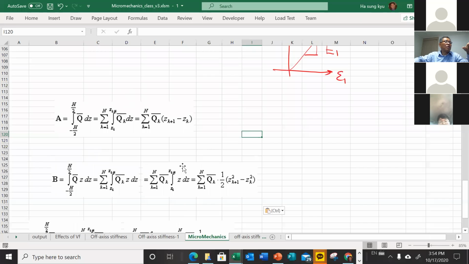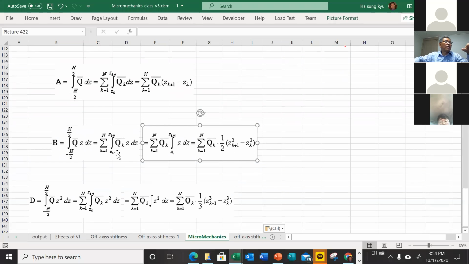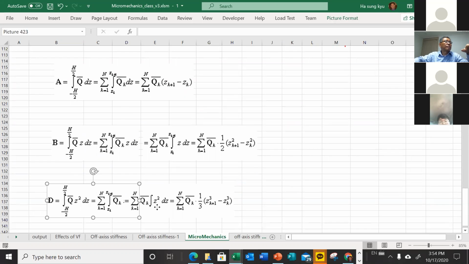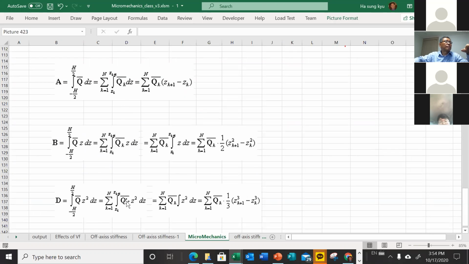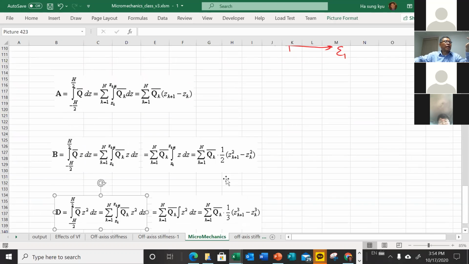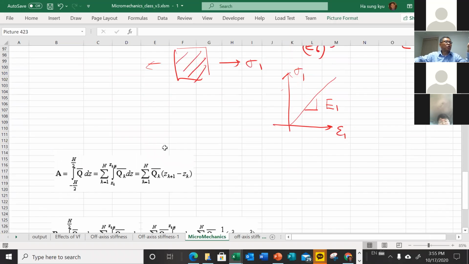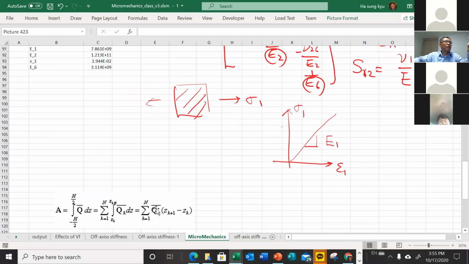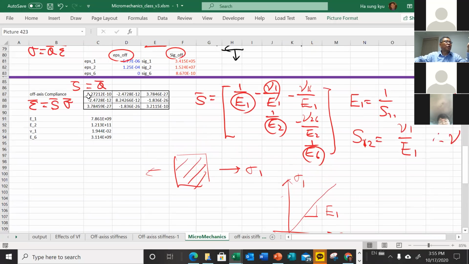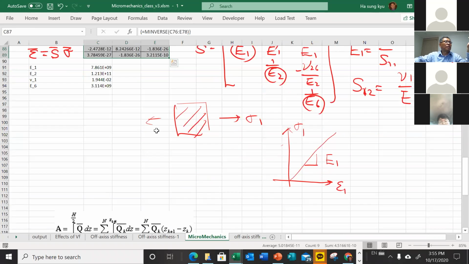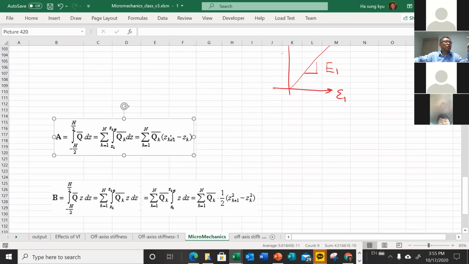Again, the most important thing is that you need to calculate the Q bar, right? This is the Q bar. But for each ply, you need to have a location Z and Z.